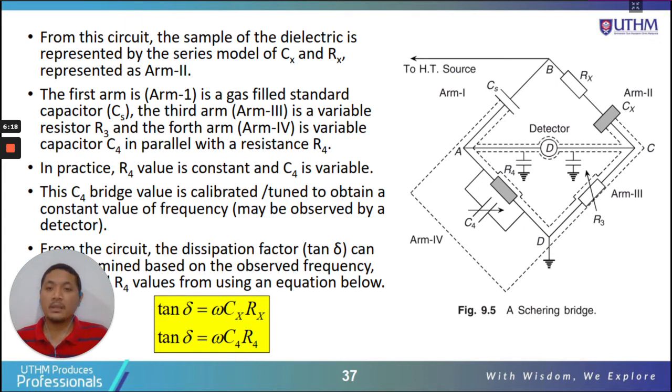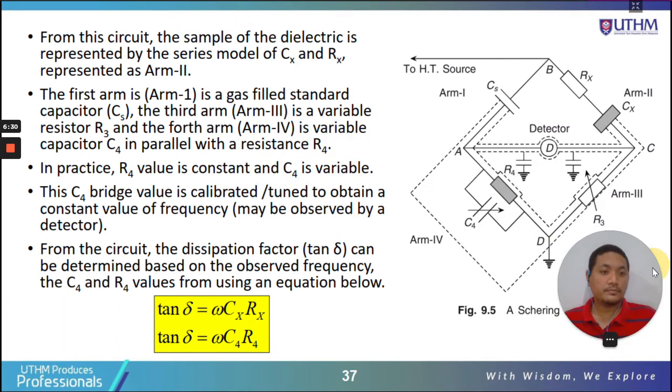In practice R4 value is constant and C4 is variable, so we change C4 and we change R3. C4 is calibrated or tuned while we observe the detector.